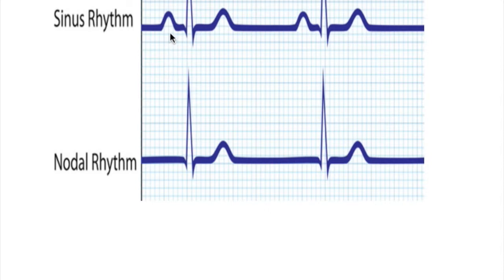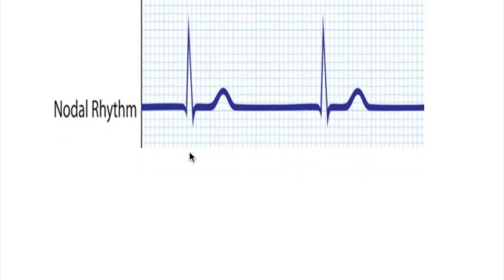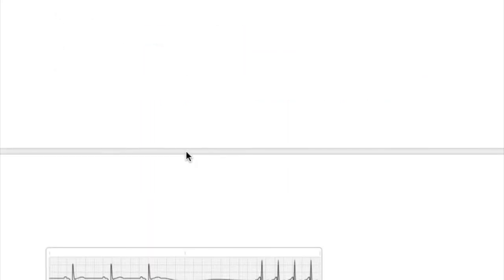So what is the difference between the sinus rhythm and the nodal rhythm? There is no P wave, the QRS complex is contracted, and also the firing rate of the AV node is 40 to 60. We'll deal with the AV node later on. Right now we are doing the SA node.